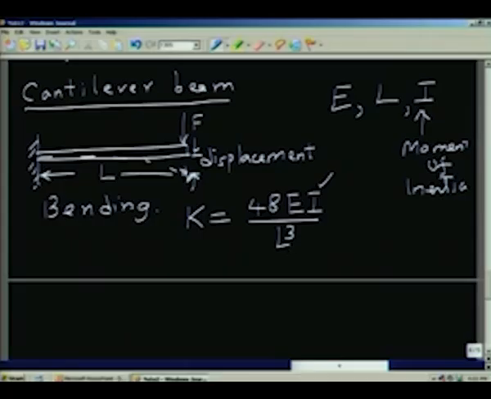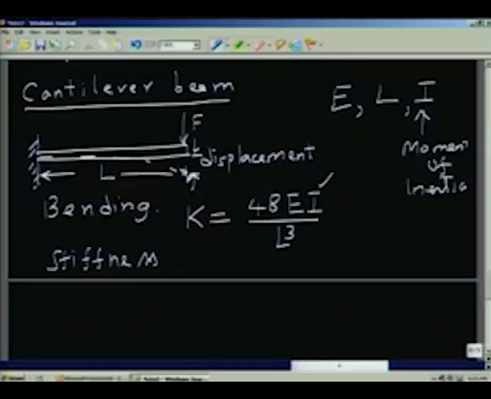If you make it longer, it becomes less stiff, whereas if you distribute the material of the cantilever beam such that the moment of inertia is larger, it is going to give you a larger spring constant. Of course, once we have chosen the material, we do not have any control over E, and therefore only the geometric parameters matter.